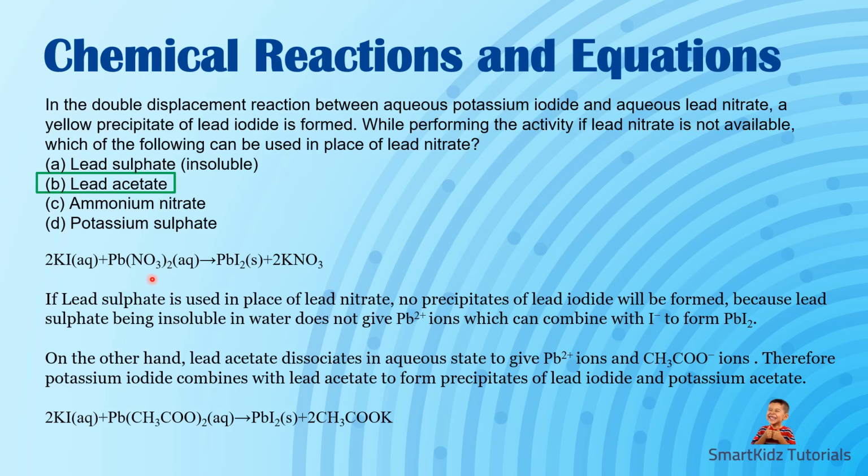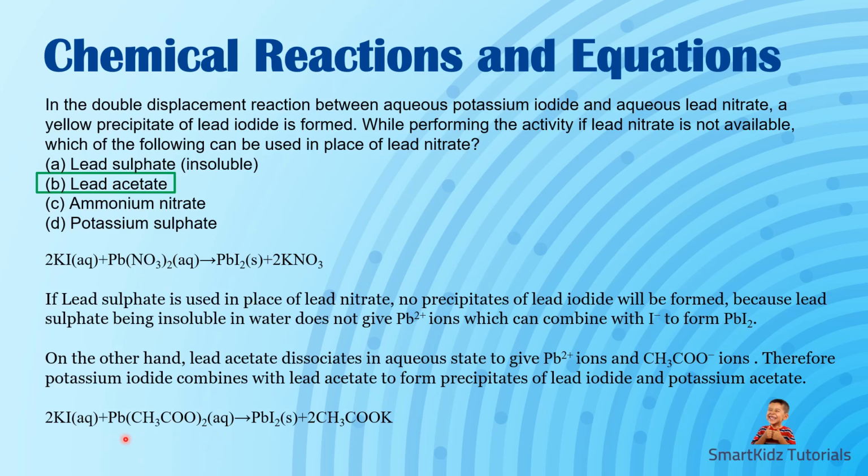Once you have KI and Pb(NO3)2, you can easily interchange, where K becomes KNO3 and Pb becomes PbI2. Once you get this reaction, the question is what if this lead nitrate is replaced with lead acetate, and lead acetate looks like this.